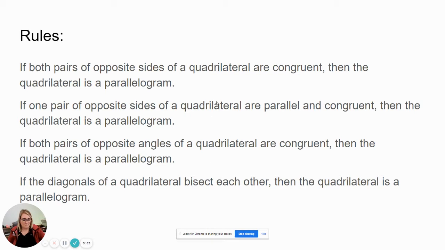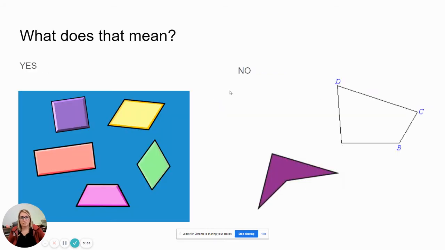Okay, but what does that mean? There are quadrilaterals that this will not work for. So these ones over here in this box obviously are going to be yeses. The side lengths are congruent and parallel, especially the opposite ones, and you can see that these are all going to be parallelograms.